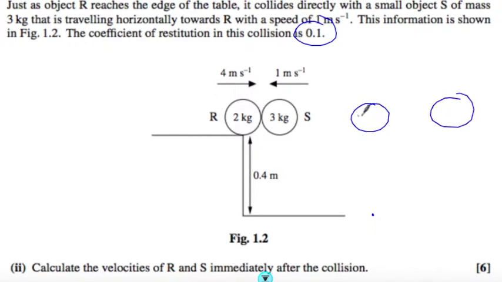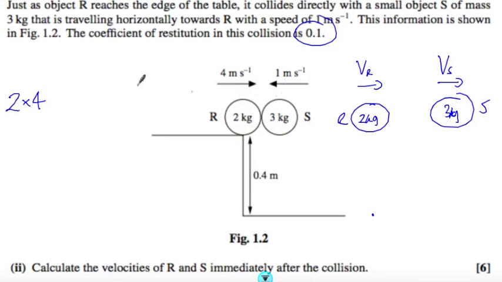We've got R and S again, and we don't know either speed here, so let's call this VR for velocity of R, and this one VS. First of all, we can do the same thing we did before and use conservation of momentum. On the beforehand side, R is travelling at 4 and has mass 2.